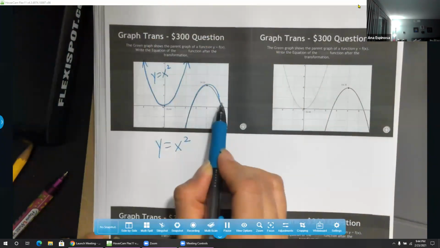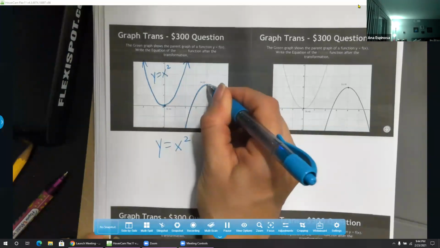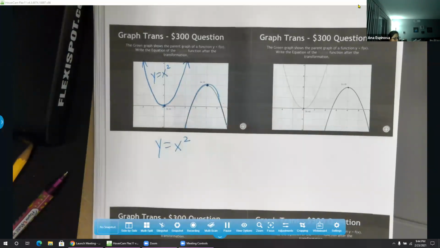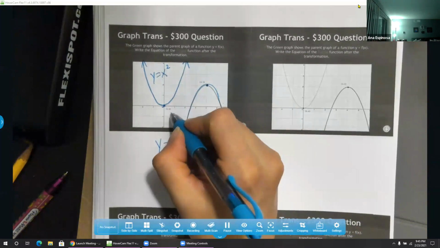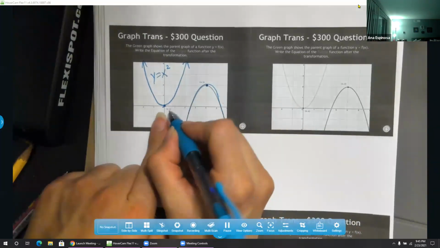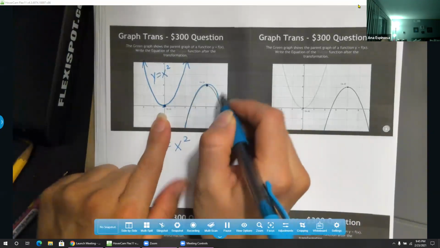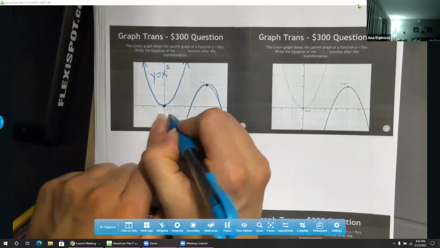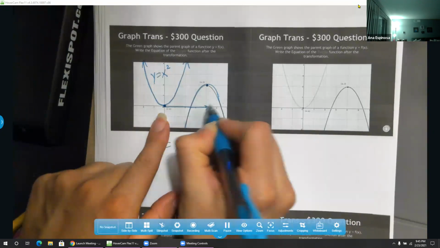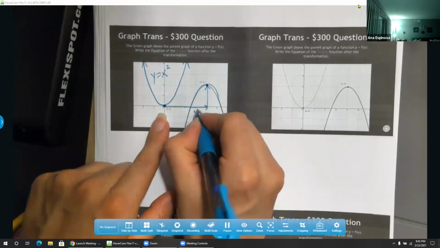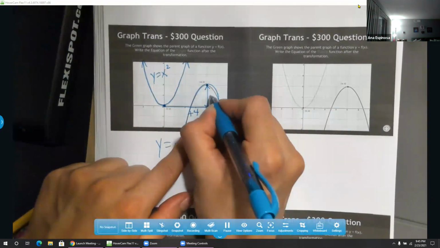You want to describe what happened. So from here to here, what happened? You just basically take a point. You don't have to look at the entire graph. This graph went over 4 units and went up 2.